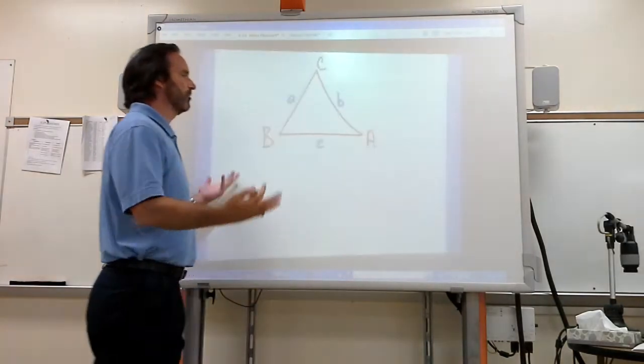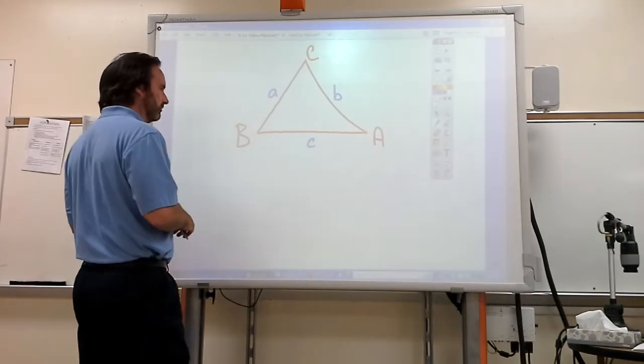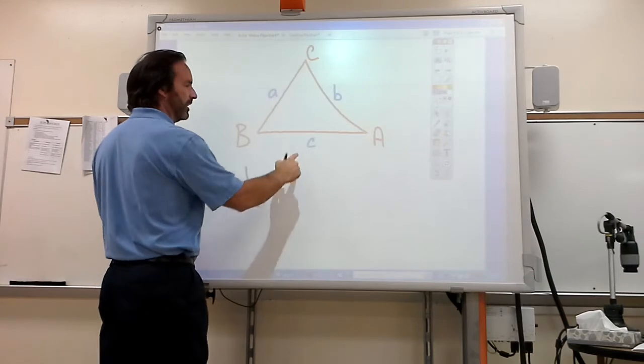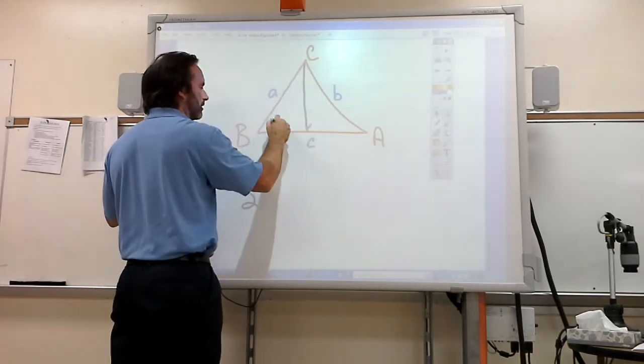Here's the same formula. Now I've just rotated the angles. Let's find the area of this triangle. It's going to be 1/2 base, which is C, times my height.